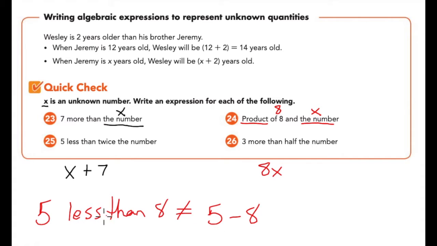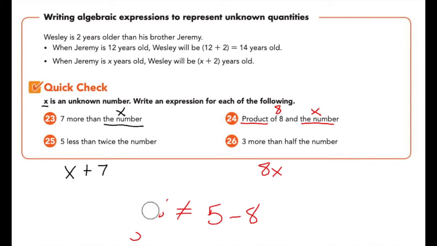This would be incorrect though, because it is 8 less than 5 is what this is showing. This shows that you started with 5 and you took 8 away. We wouldn't want to do that with this. To make this right, it's 5 less than 8. So we would start with 8, and then we would take 5 away from that 8.